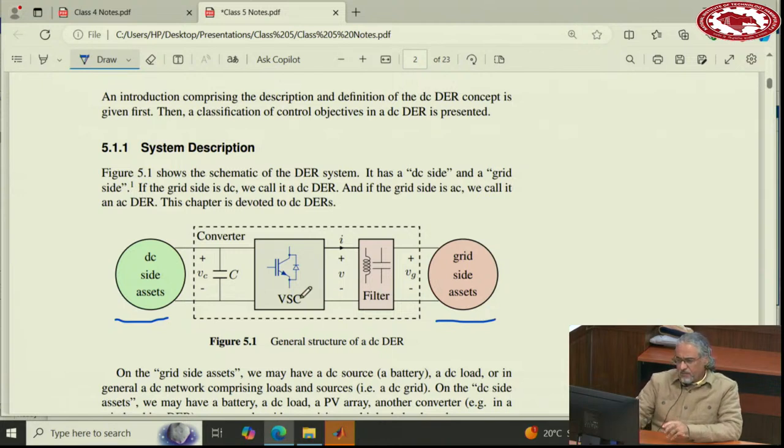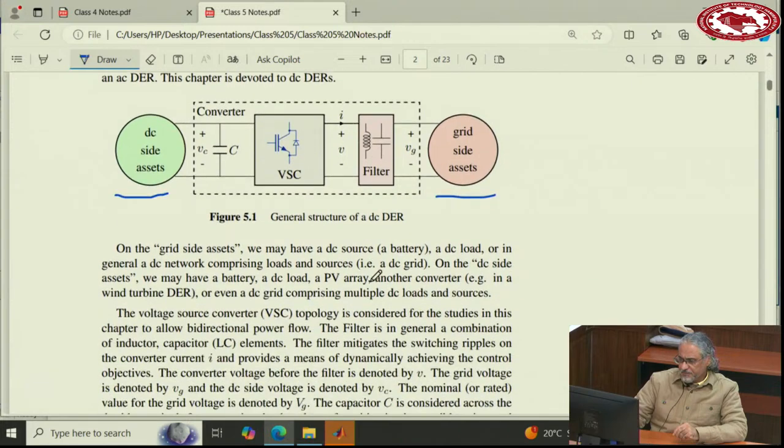And then we have a converter here, a single phase voltage source converter. In almost all of my simulations I use a full bridge converter with unipolar PWM. We have a capacitor on this side, and then we have a filter on this side.